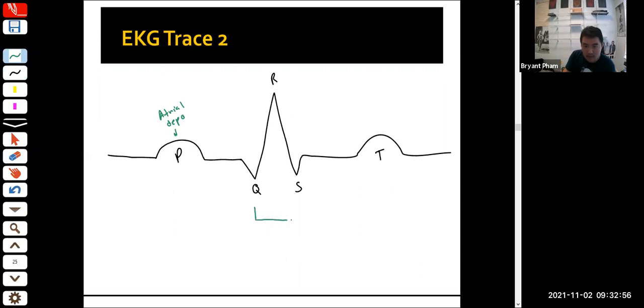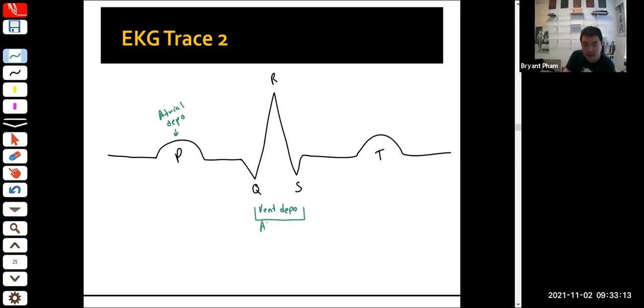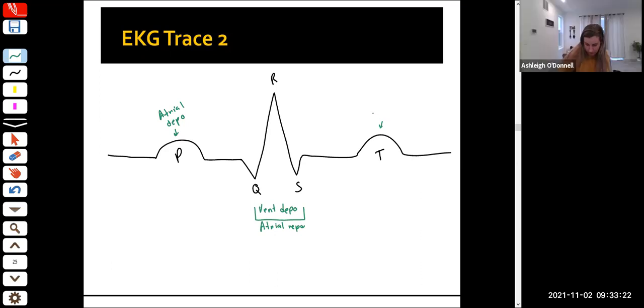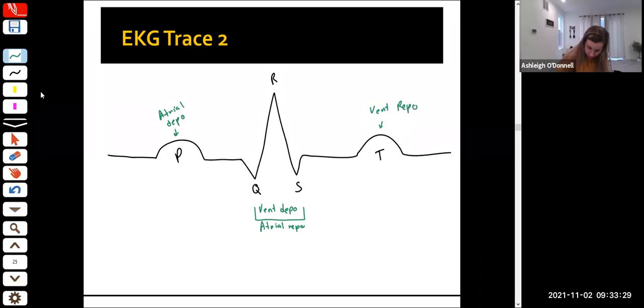QRS, what's going on there? Ventricular depolarization and atrial repolarization. Nice. Vent depot and atrial repo. Last electrical event must be vent repolarization. Yeah, vent repo. Nice. Okay.